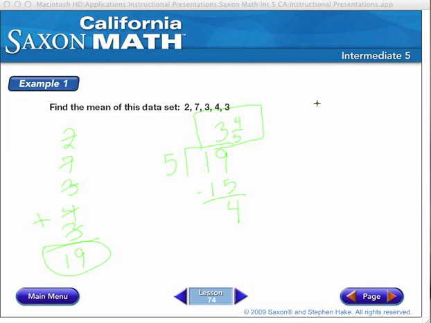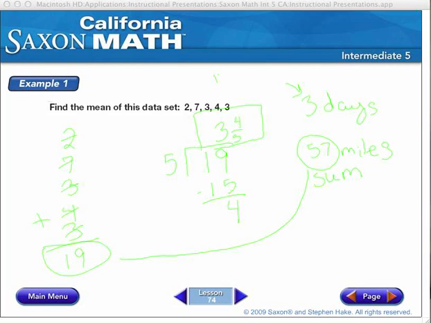For example, a Boy Scout troop went camping for 3 days. They walked a total of 57 miles in those 3 days. What is the average number of miles they walked? Okay, well, here is my sum.